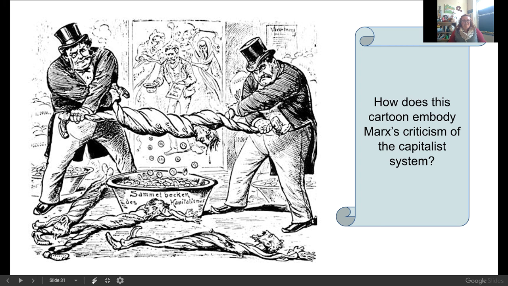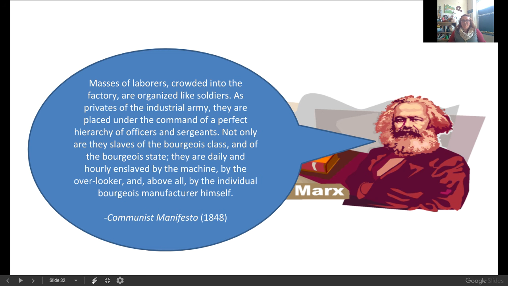Take a look at this, because we're going to talk about it in class. Karl Marx went on to write the Communist Manifesto, where he laid out socialism and communism. He said that masses of laborers crowded in the factory are organized like soldiers. As privates in the industrial army, they are placed under the command of a perfect hierarchy of officers and sergeants.